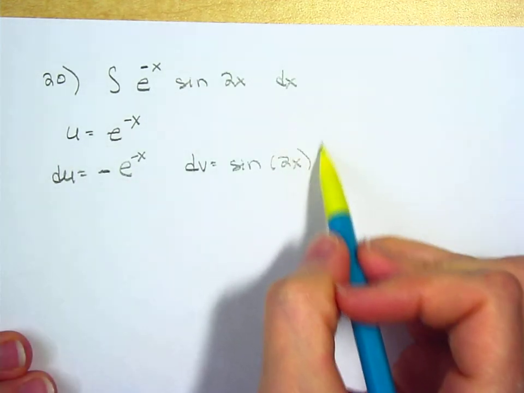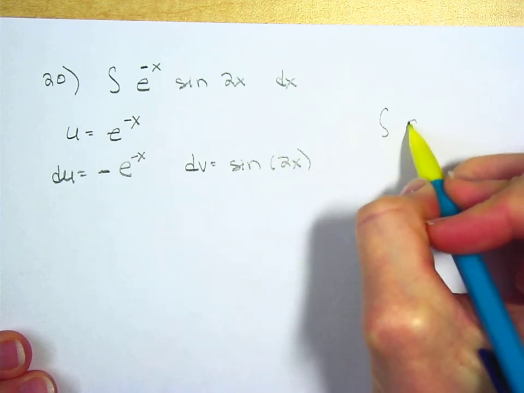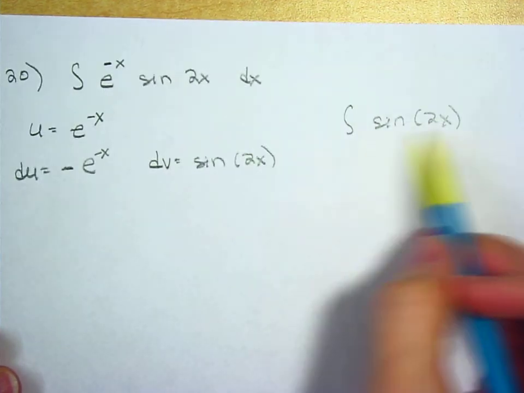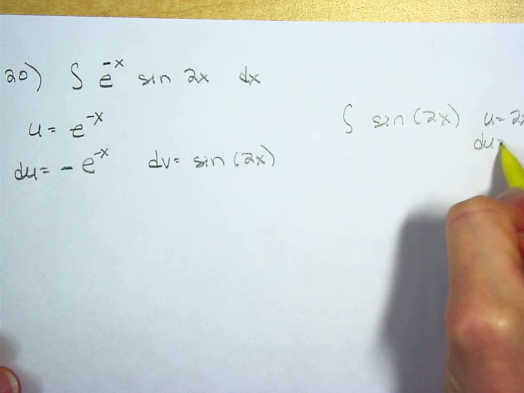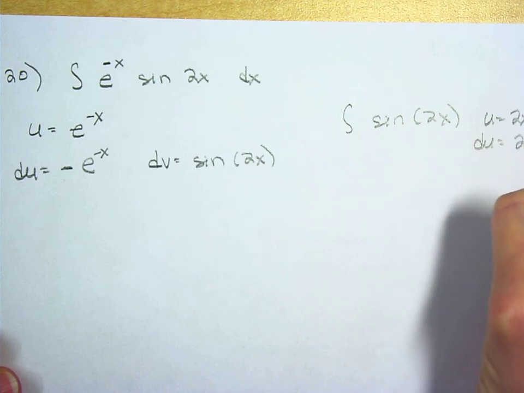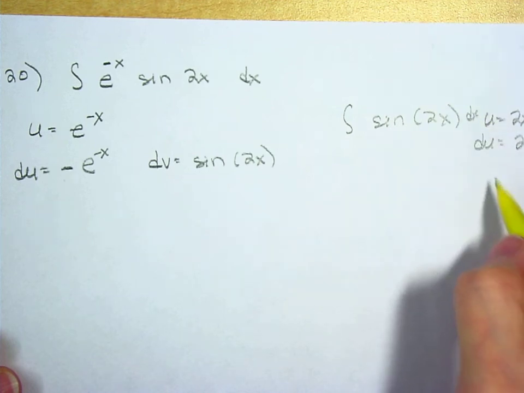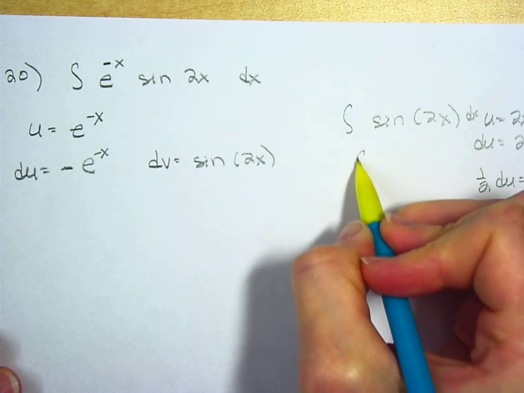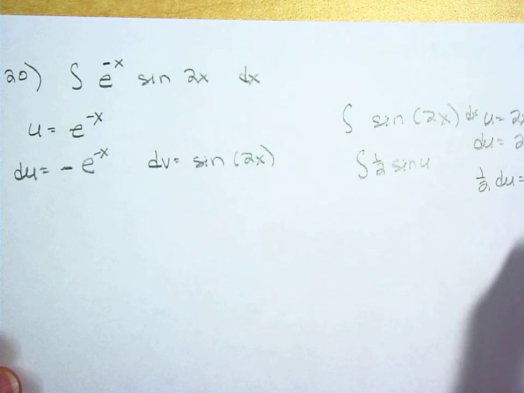Okay, I'm doing the antiderivative of this. This is a u sub, because this is a composition. So u would equal 2x, du would equal 2 dx. Oops, I should have a dx on here. So 1/2 du would equal dx. So this integral would become 1/2 sine of u du.